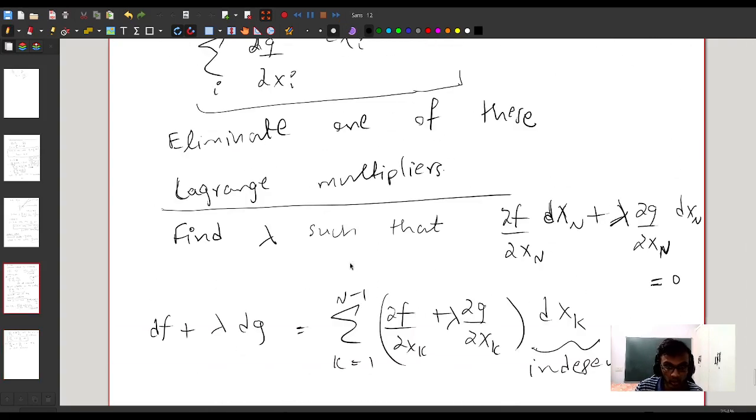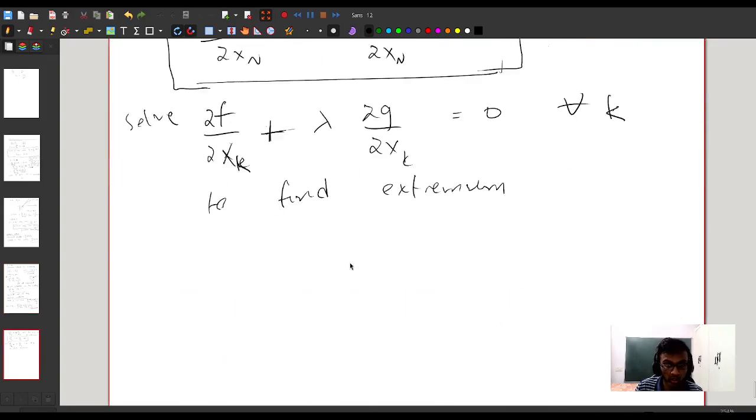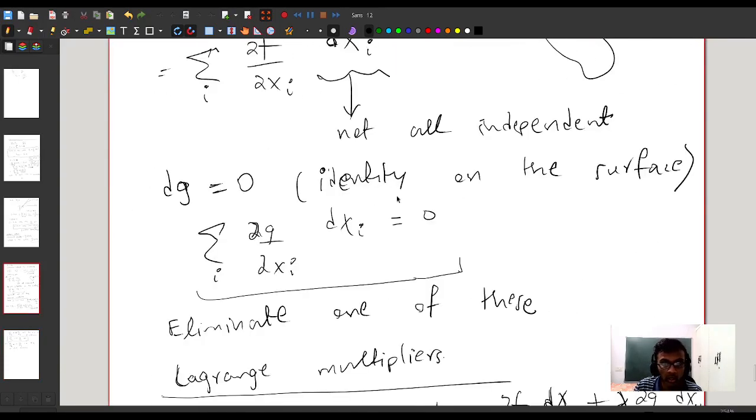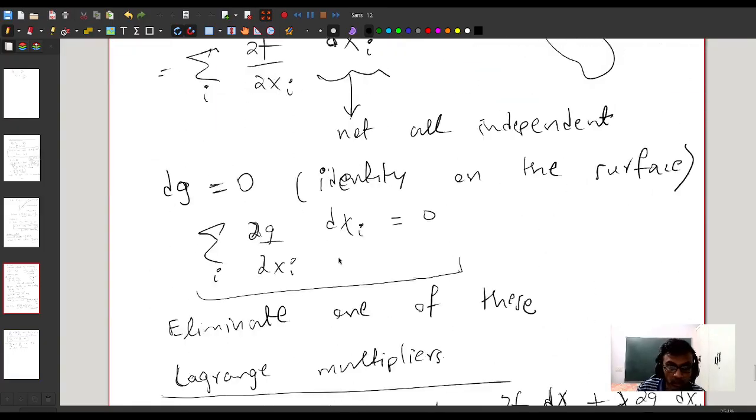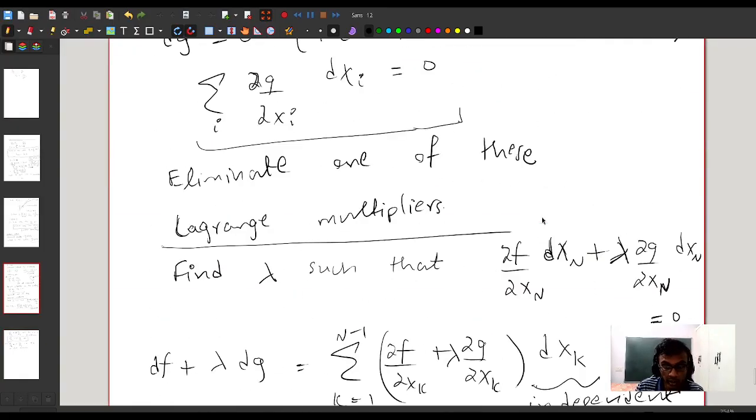So we can quickly apply this to our problem. In our case, f, the function to optimize, is the entropy, and the constraint is just the fact that all the probabilities must add up to 1.